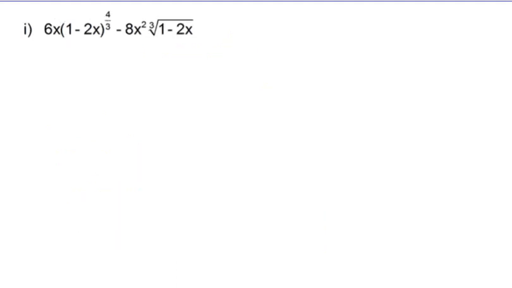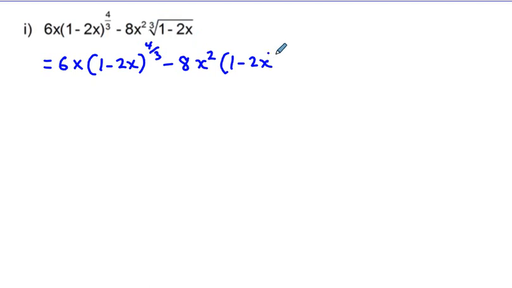Okay, the last one in this set we're going to look at is this one. I'm going to rewrite, we have radical form here, so we have 6x times quantity 1 minus 2x to the 4/3 power, and we're going to have minus 8x squared, and then this cube root is going to be 1 minus 2x to the 1/3 power.